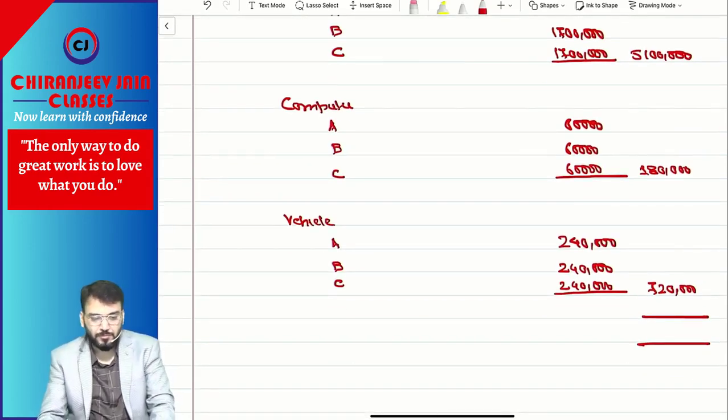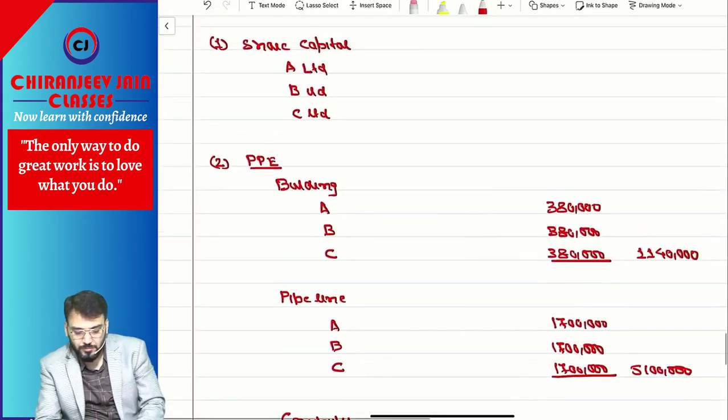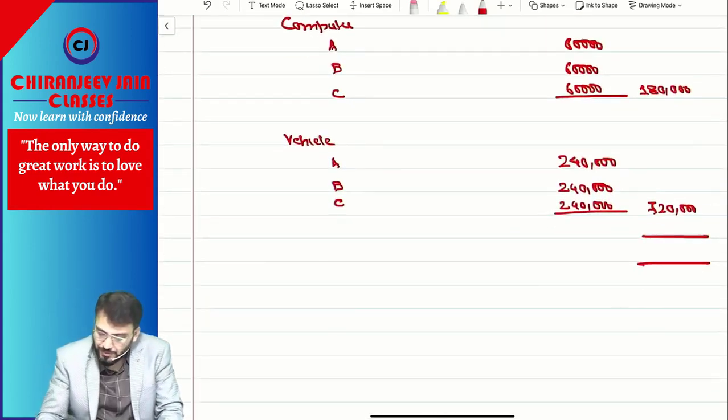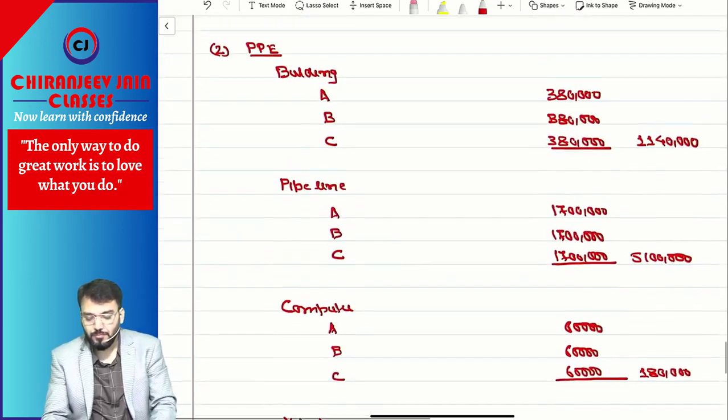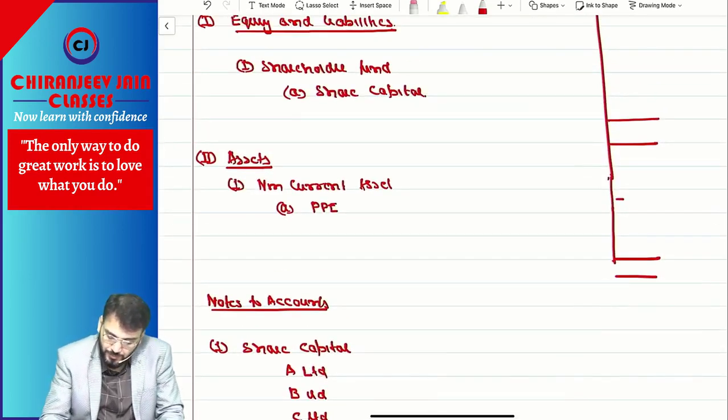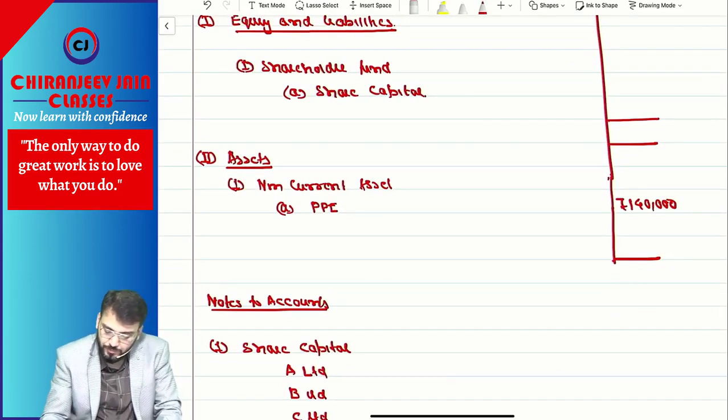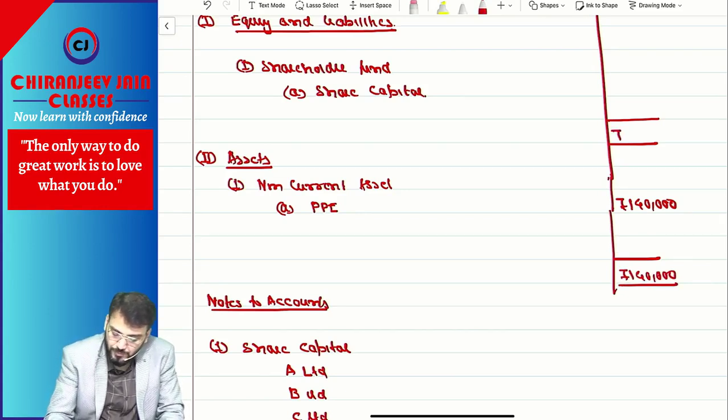Can you give me the total of PPE? The total of PPE must be 71 lakh 40,000. This total will go in the balance sheet. So what is the total of equity and liability? 71 lakh 40,000. So the total of share capital is 71 lakh 40,000.